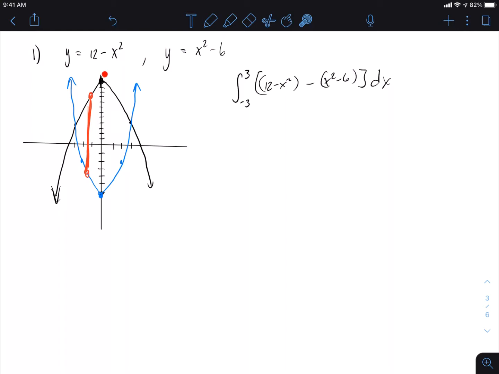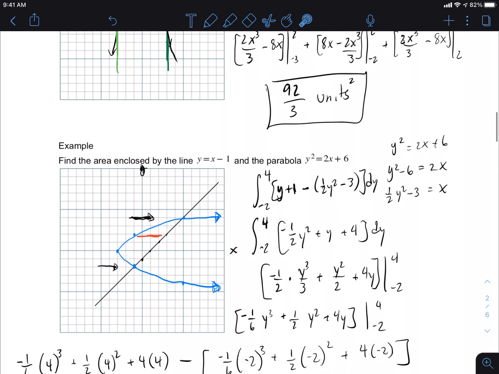So what's the bigger positive number? If we look at this point, it is bigger than this point, correct? So this would be on top of this. Like this, not like one superimposed on the other. This is dy.